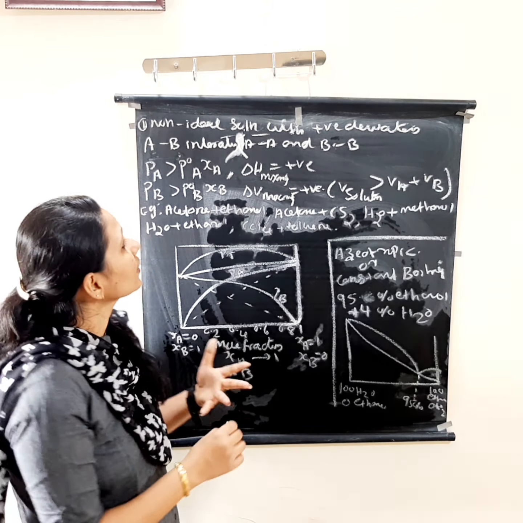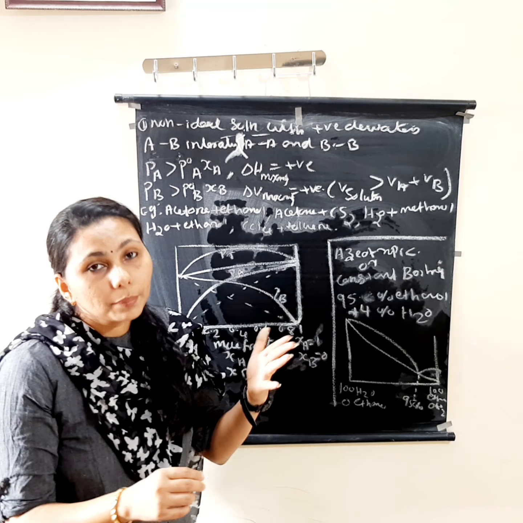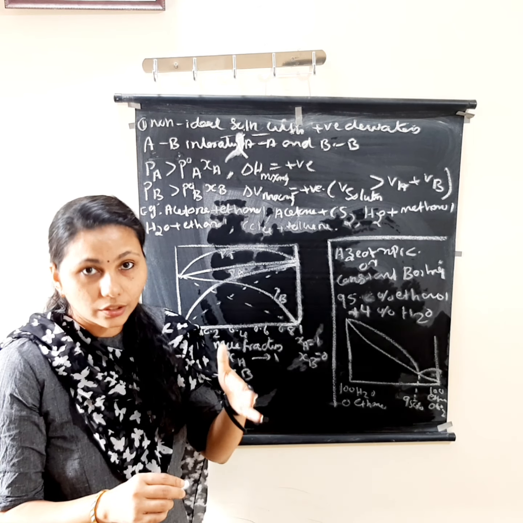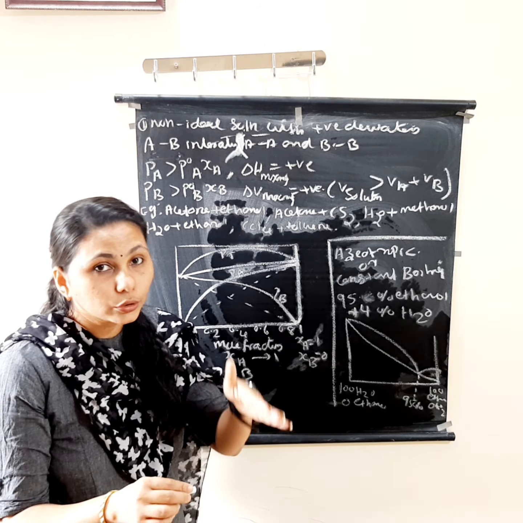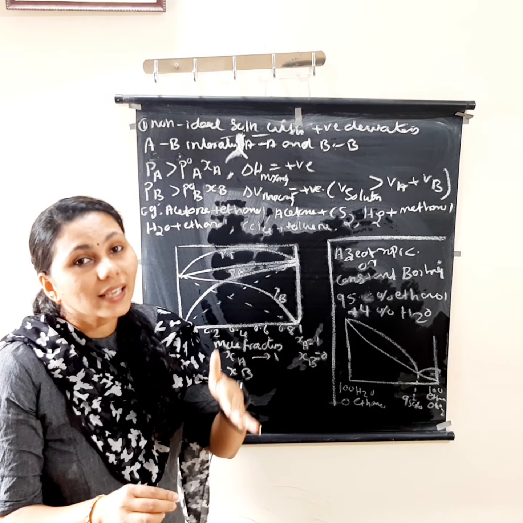In this case, we know that in an ideal solution the A-B interaction, that is the solvent-solute interaction in the solution, was equal to the solute-solute and solvent-solvent interactions, that is BB and AA.